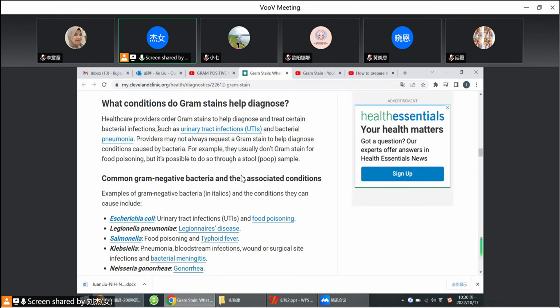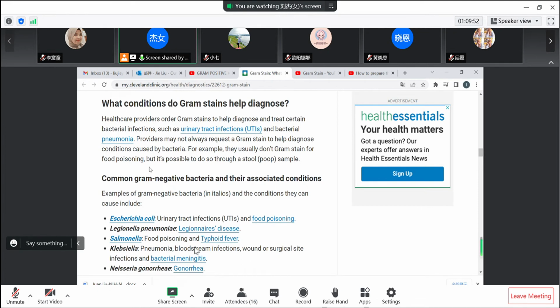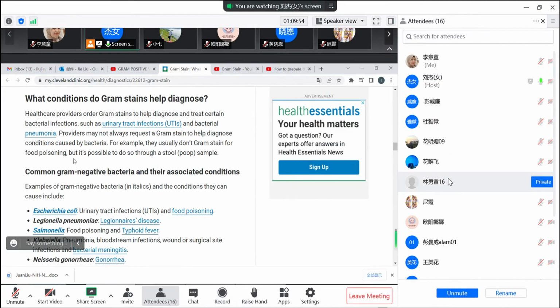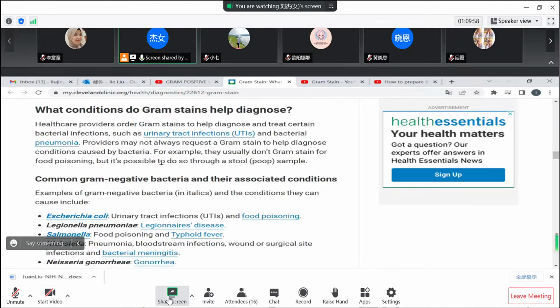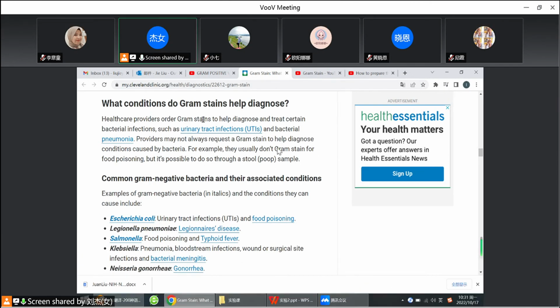So later on, I will introduce which area the doctor can get the sample from to do the gram staining.